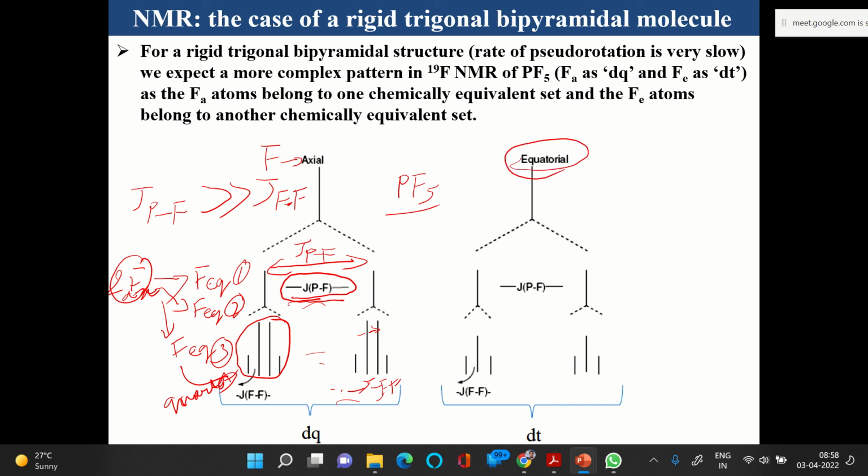So you have three equatorial fluorines, and each interacts with one axial fluorine, axial 1, and then also with axial 2. So there will be 1:2:1, you will obtain a triplet.